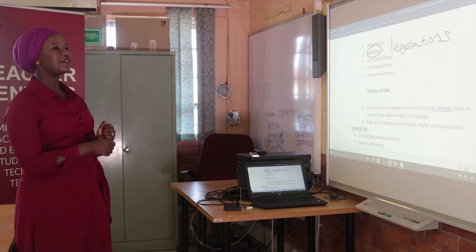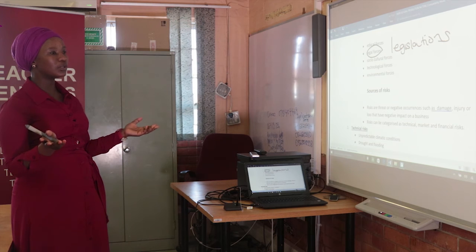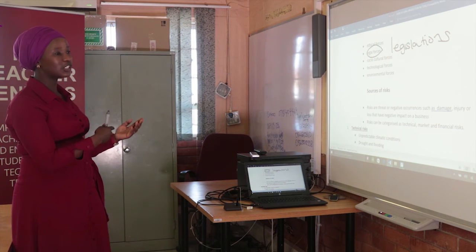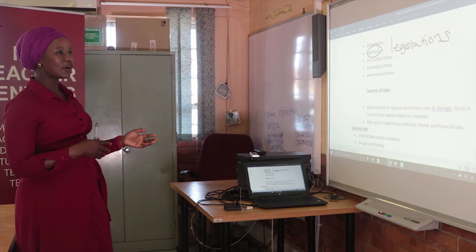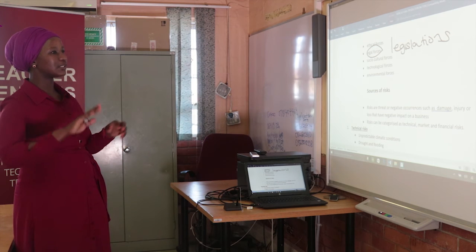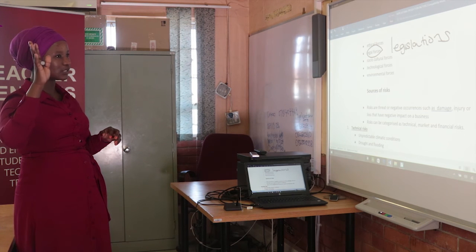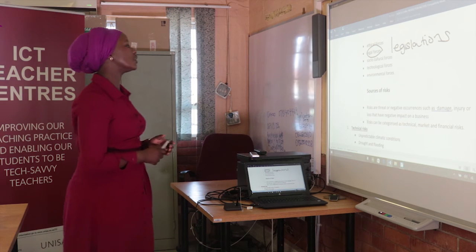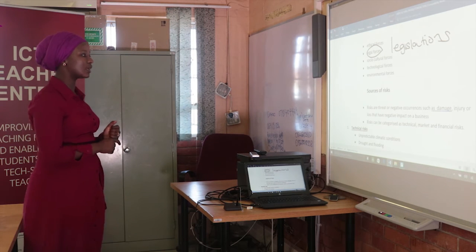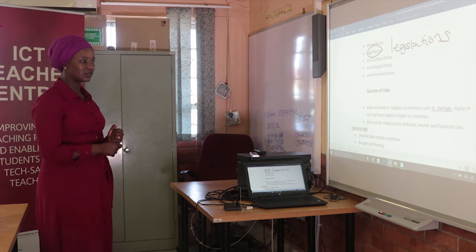If we have floods, we cannot control the floods, but they have the potential to weaken our business. Diseases. If there's a disease outbreak, we cannot control it and say the disease must not affect us. But they can. It's just that we need to come up with some means. So they have the potential to weaken or to strengthen the business.